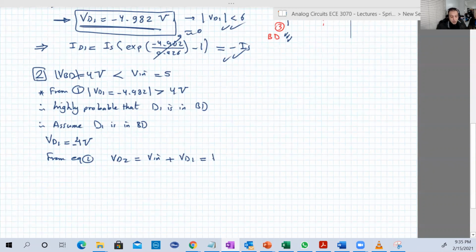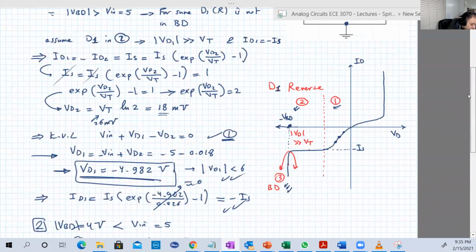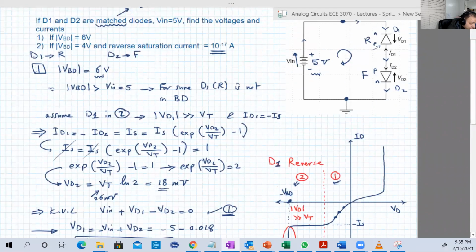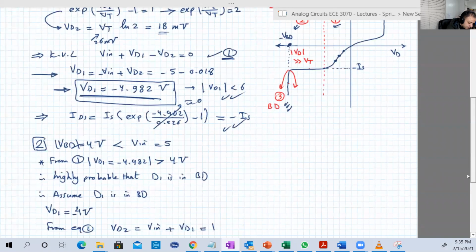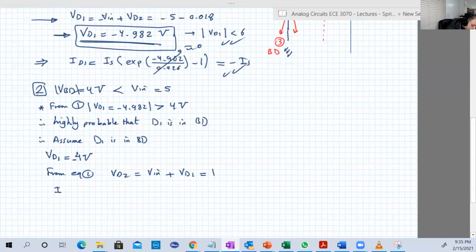Can we determine now I1, or ID1? Yes, because in number 2, it gives us the saturation current, 10 to the power minus 17. Okay, so ID2 equals IS2, or let's call it IS because both are matched, times exponential VD2 over VT minus 1.